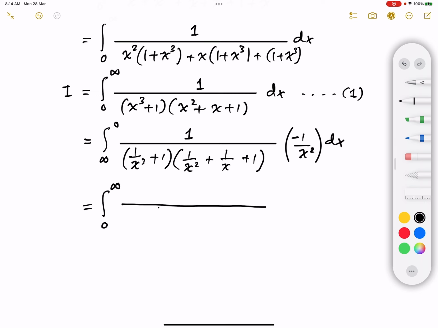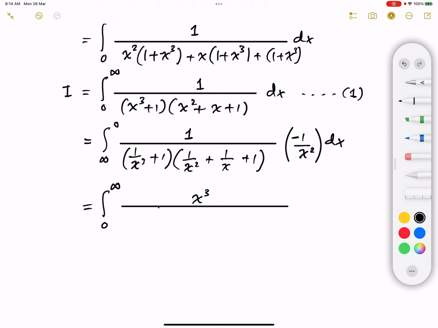And then, of course, we can multiply the numerator and the denominator by x to the power 5. If we multiply the numerator by x to the power 5, we would be left with x cubed, because x squared is going to cancel with the derivative part at the end. And also, we multiply the denominator by x to the power 5.